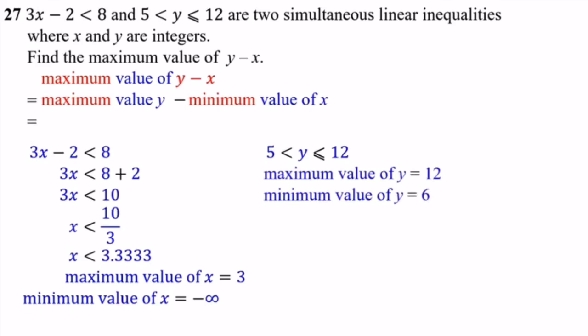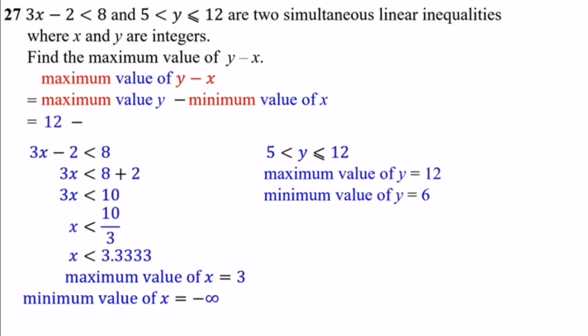Now we need to find the maximum value of y minus x. So we go back to the question. We choose the maximum value of y, which we have listed down already, which is 12. So 12 is the biggest value for y. We take 12 and then subtract the minimum value of x. How to choose the minimum value of x is based on the answer.